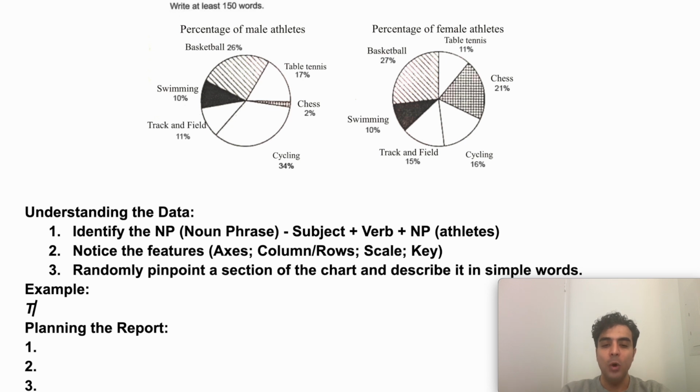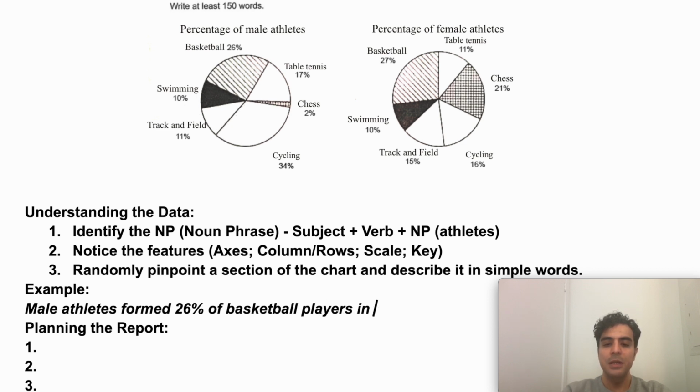The first one is, we'll put it this way. We'll say, for example, male athletes formed 26% of basketball players in Australia.